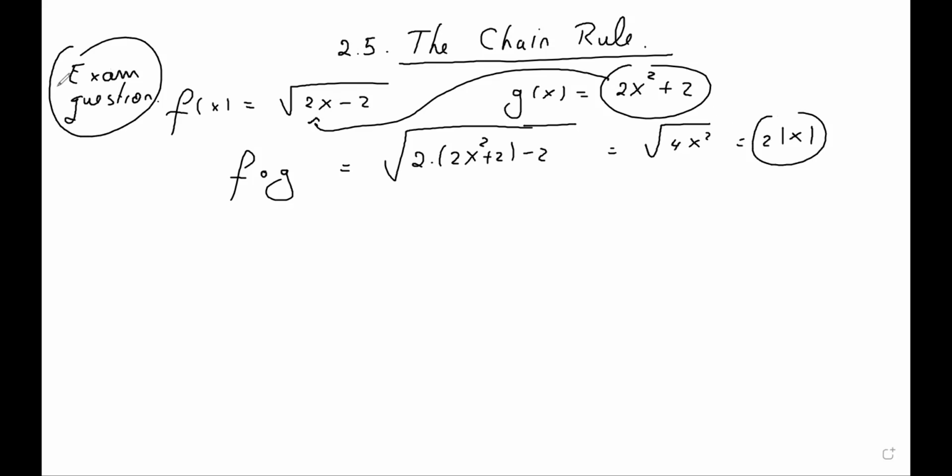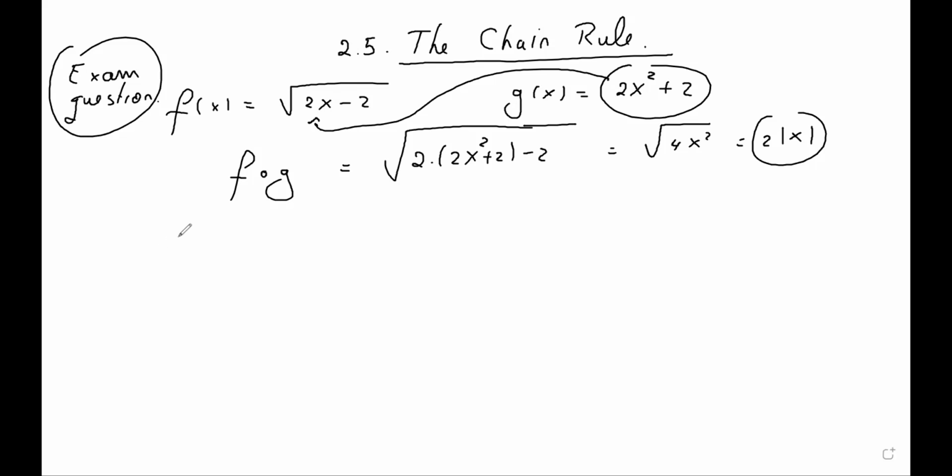And you may have wondered, why did I bother so much about these compositions of functions and things like that? Well, the reason is because we want to make sure that we are at least minimally familiar with those when we discuss the chain rule. So what's the role of the chain rule?